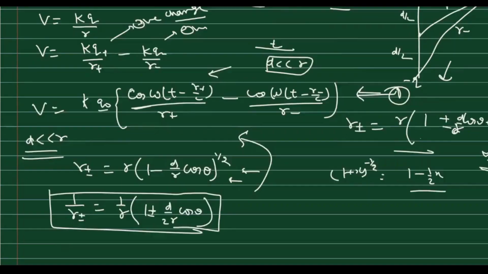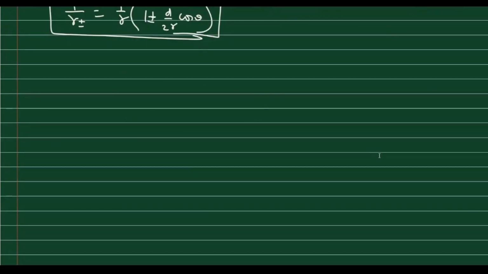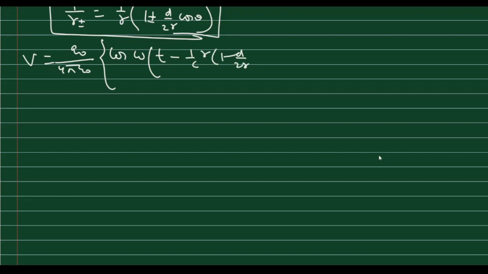Okay, now coming back to our next thing, we have calculated basically the potential. So we are writing the potential term: q naught over 4 pi epsilon naught, cos omega times t minus the r minus value and r plus value. Here the r plus value comes, so t minus 1 upon c, r into 1 minus d by 2r cos theta, and upon r plus.